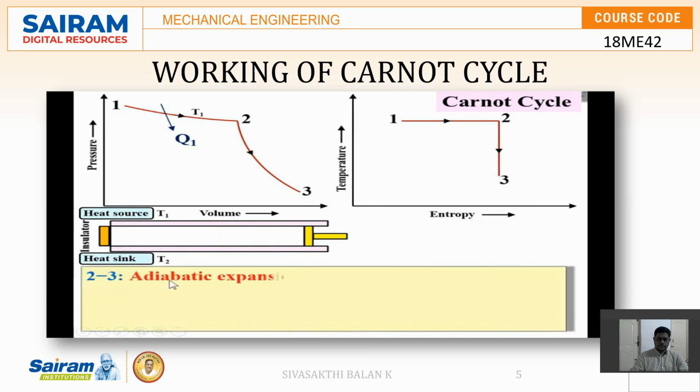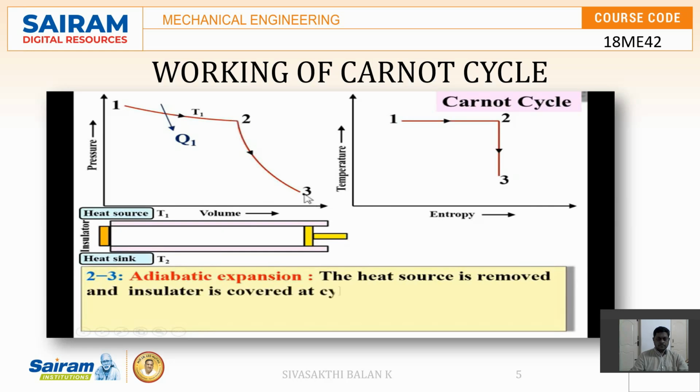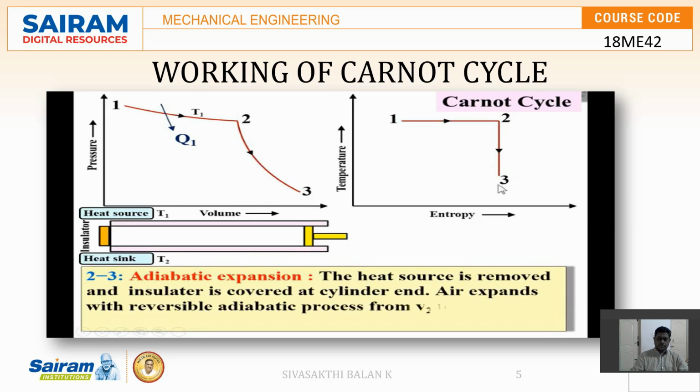The process 2-3 is called the adiabatic expansion. Here you can see the volume is increased, so it is expansion, and during that process entropy will remain constant, so it is called the adiabatic process.